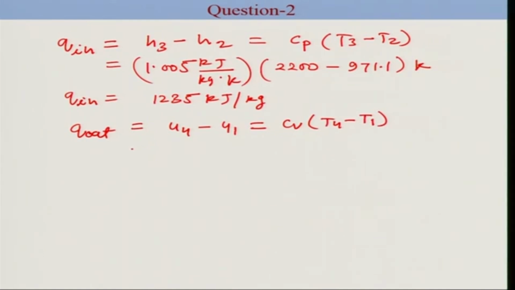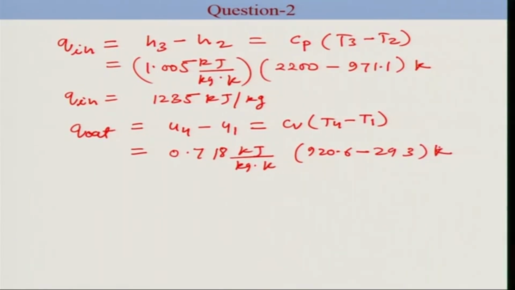From the properties table we can get the Cv value, which is 0.718 kilojoule per kg Kelvin, times the change in temperature, which is 920.6 minus 293 Kelvin. Okay. So after solving it, we get Q out equal to 450.6 kilojoule per kg.